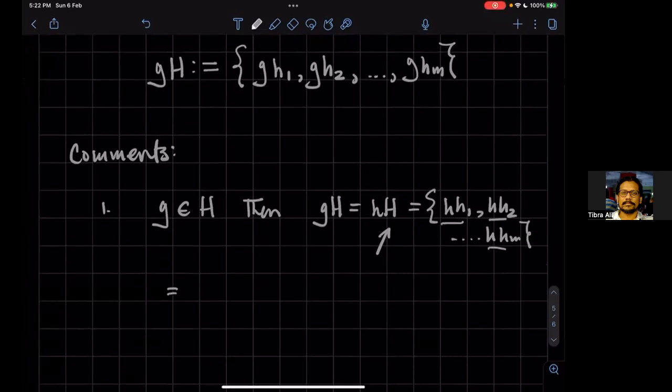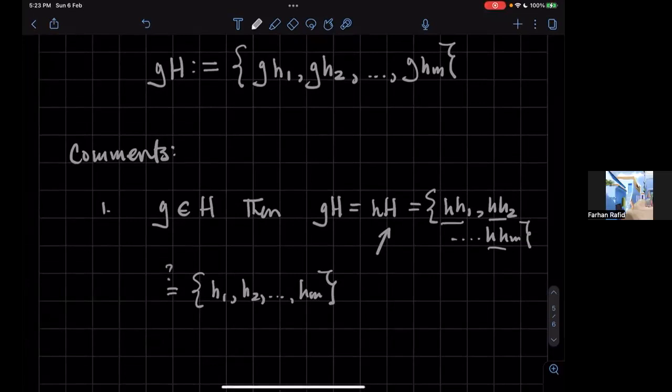And we know that for sets, ordering doesn't matter anyway. So as a set, it doesn't change. Is it clear why it doesn't change as a set?